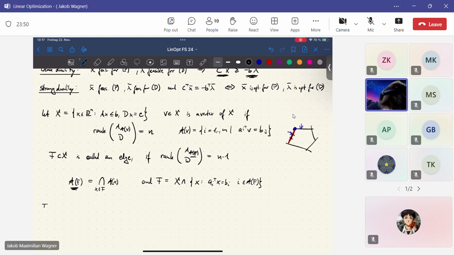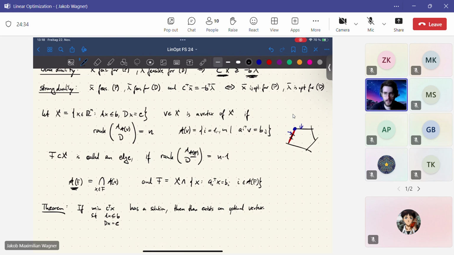And this is the following theorem, which states that if the problem minimize C transpose X subject to Ax less or equal B and Dx equal to E has a solution, then there exists an optimal vertex.